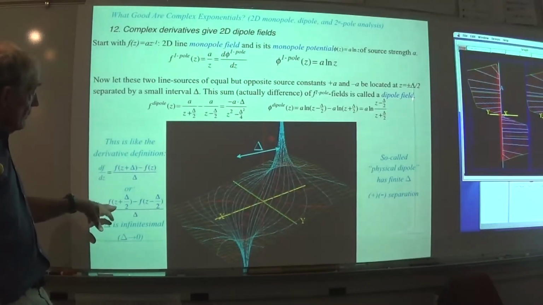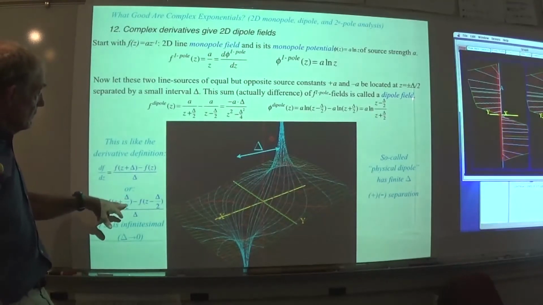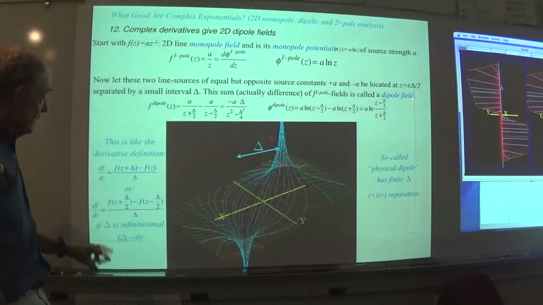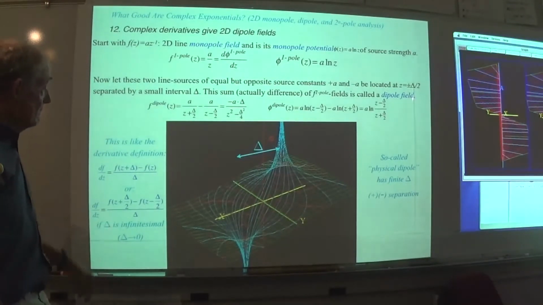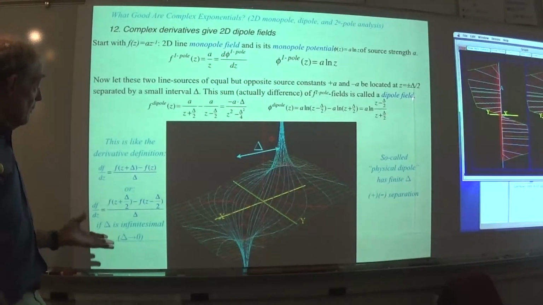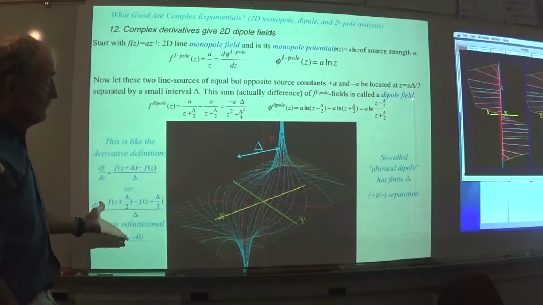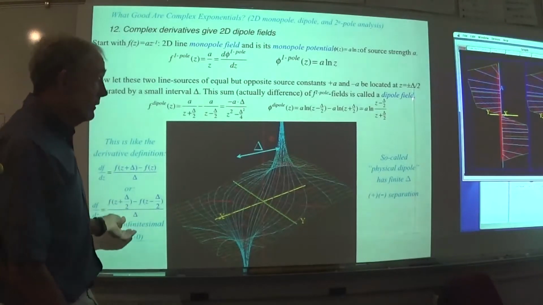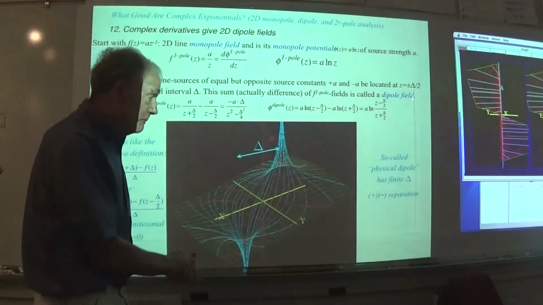Actually, if you're going to balance the thing, you go f of z plus delta over 2 minus f of z minus delta over 2, again letting delta approach 0, infinitesimal. So this will be what we call a dipole source, a point dipole source, but there's the physical one.